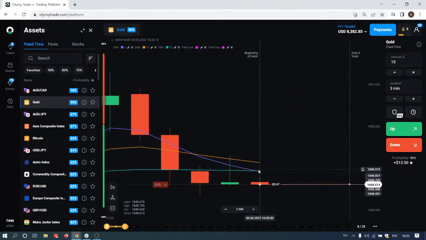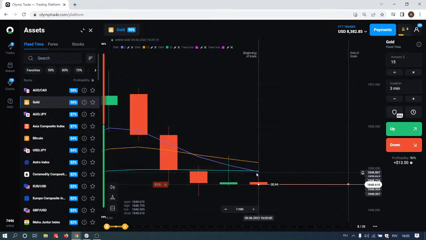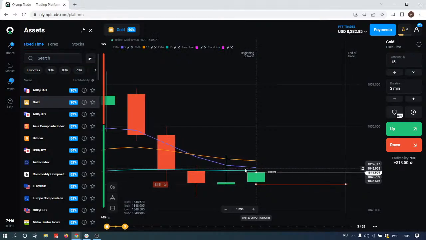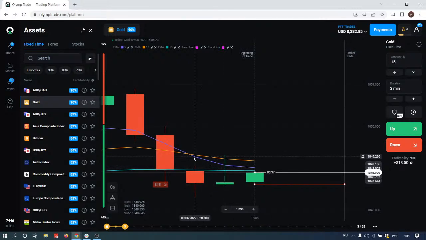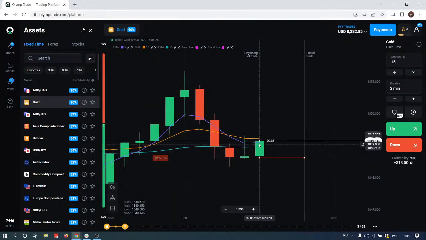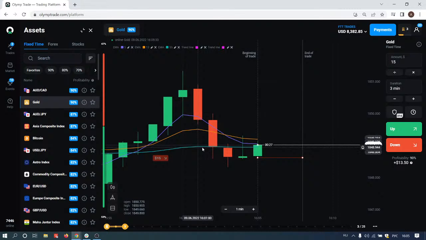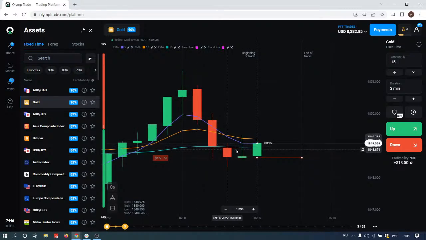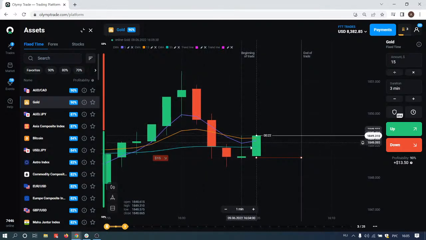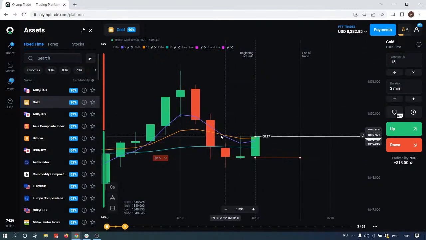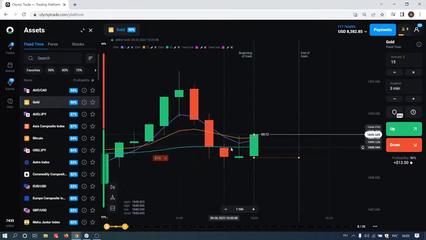So the moment when you want to open a trade according to the strategy is when the bluish line crosses either the light green one, the salad color, from top to bottom, or when it crosses the orange line, once again from top to bottom, downwards here.